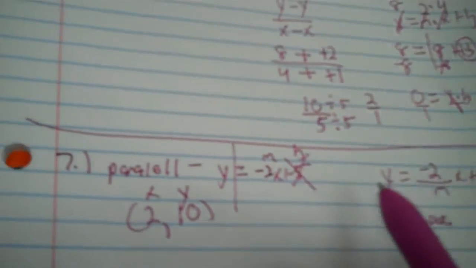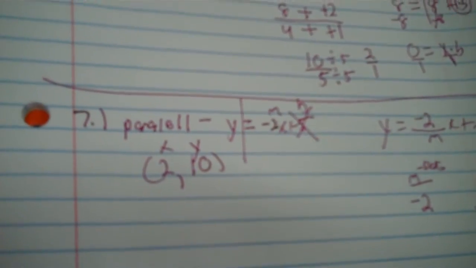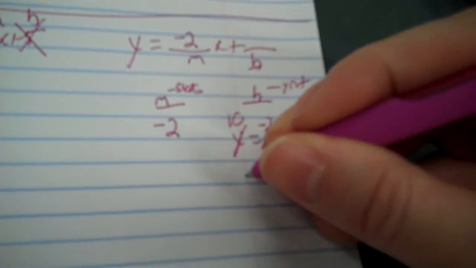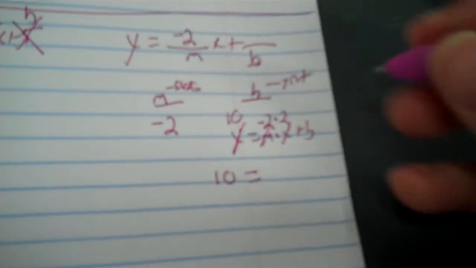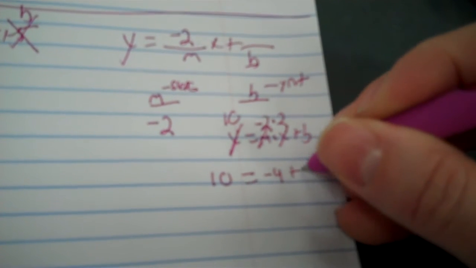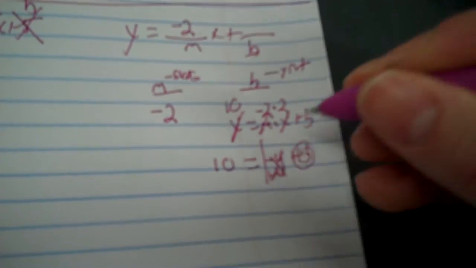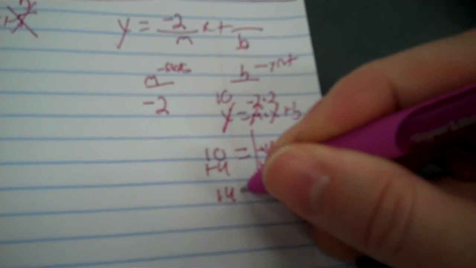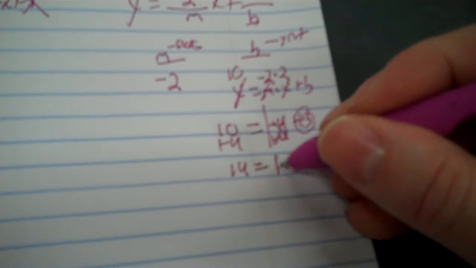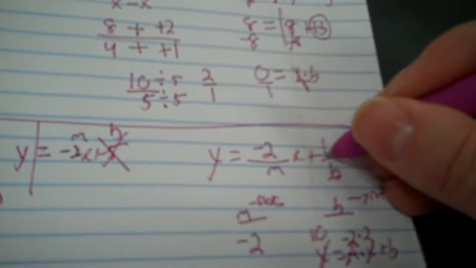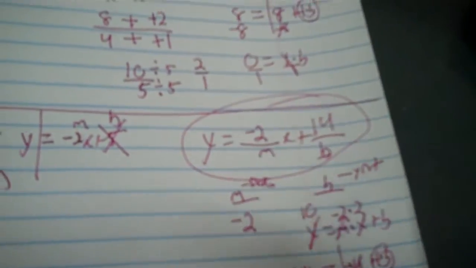Again, I need the same m here that I have here on a parallel. 10 for y, and then 2 for x. Negative 2 times 2 is -4 plus b. 1 times b, so -4, I'd add 4. That gives me 14. 14 equals 1 times b. You can divide by 1, but it's still 14. And that's the equation they're looking for.